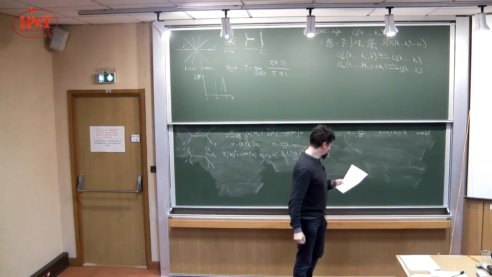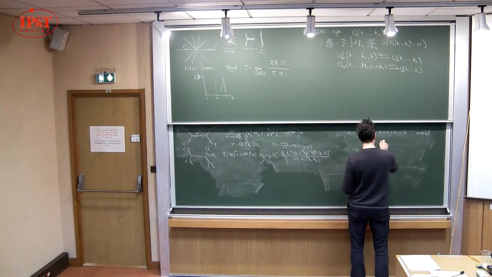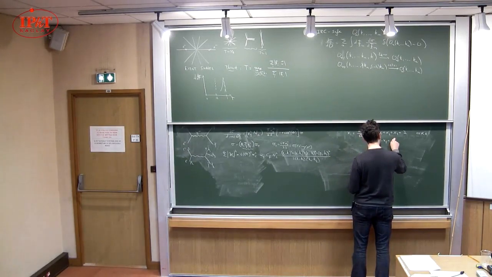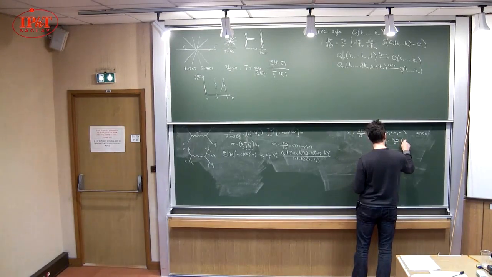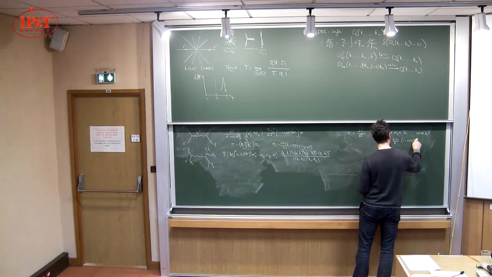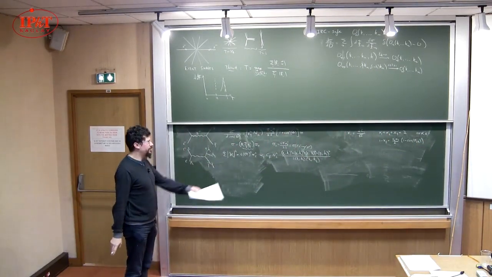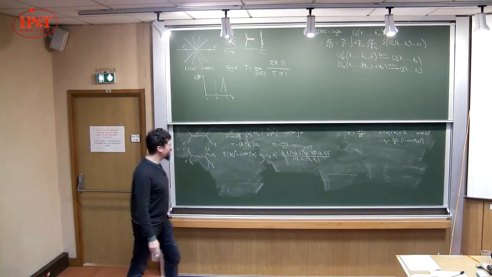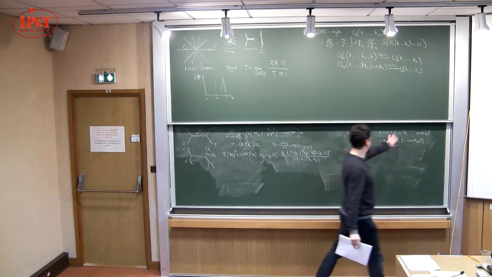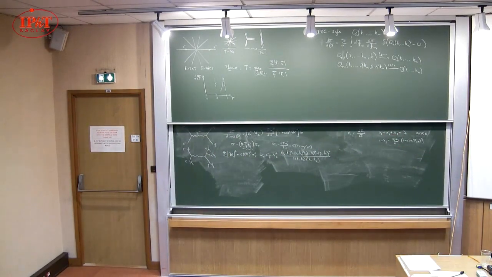And more importantly, you can write 1 minus x1, let me put it this way, is x2 times x3 over 2 times 1 minus cos theta 2,3. Deriving this, I leave this as an exercise. This is literally a two-line calculation.